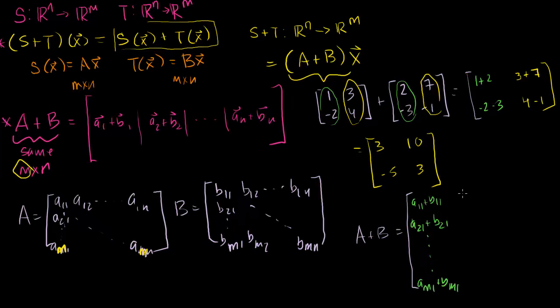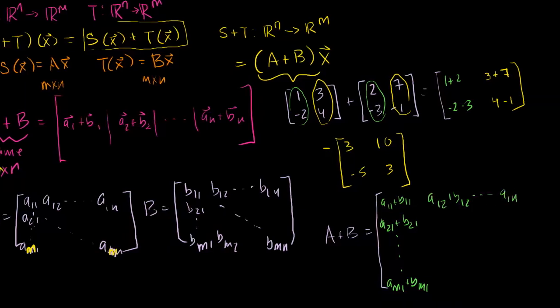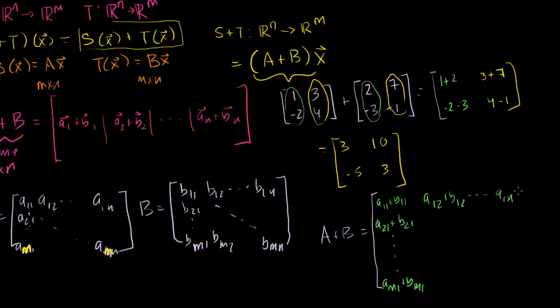And then this is going to be, of course, A12 plus B12, all the way to A1n plus B1n. And then all the way down to AMN plus BMN.